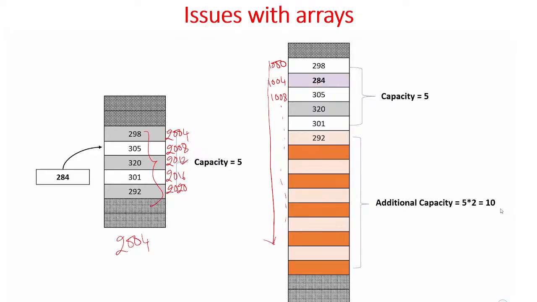Plus what it does is, because you are going to add new elements and it assumes that you want more space, it tries to allocate extra space which is double the capacity of the initial value. So it acquires additional capacity which is double the initial capacity.